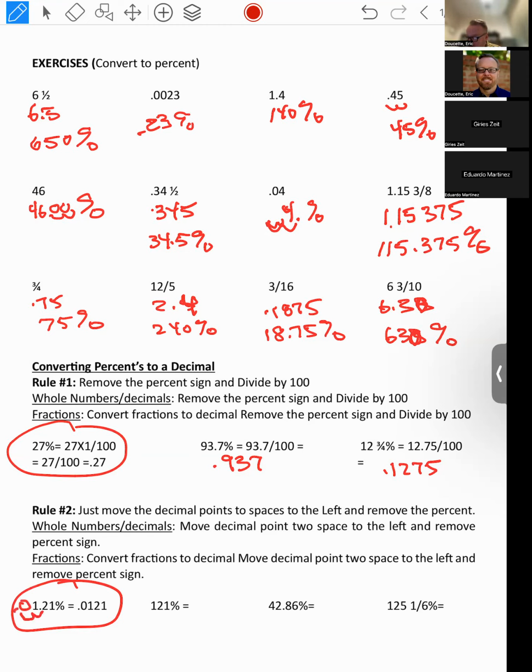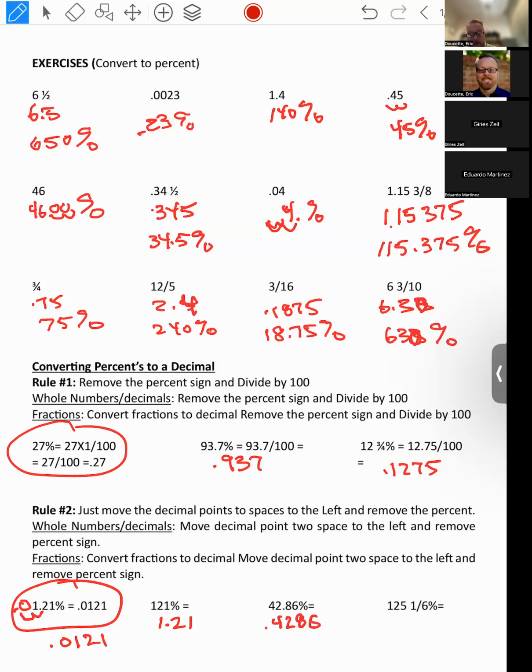In this case, you'd have to add a 0, so your answer would be 0.0121. Again, on 121%, if I move the decimal point 2 spaces to the right, it comes out to 1.21 as a decimal. Same thing with 42.86%, the decimal equivalent of 0.4286.